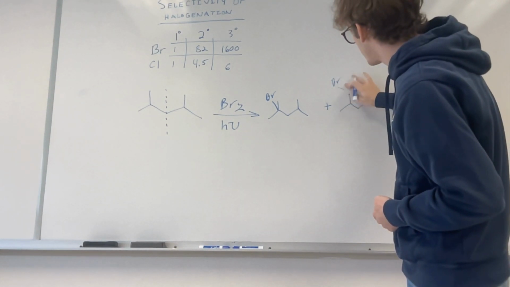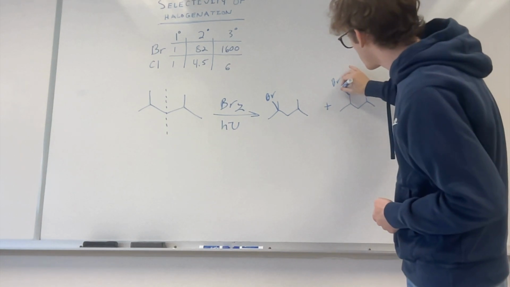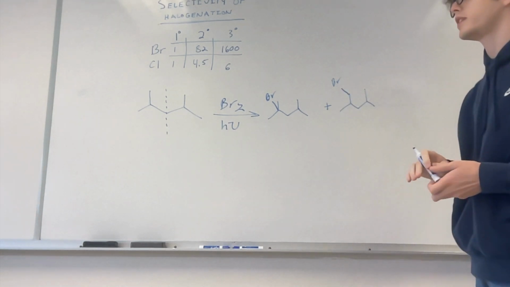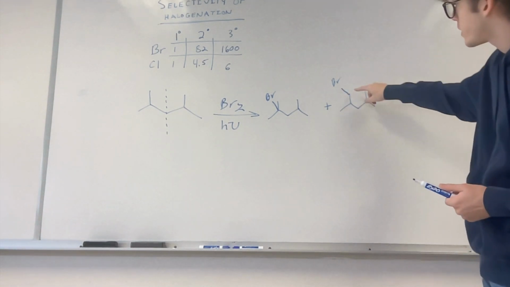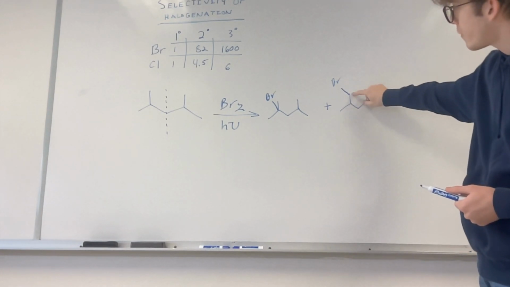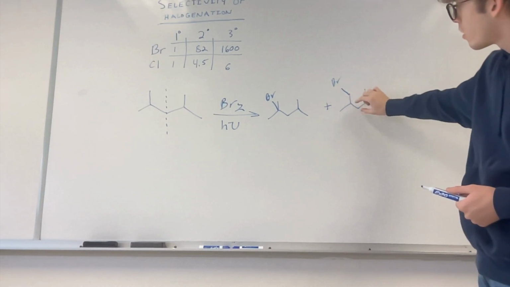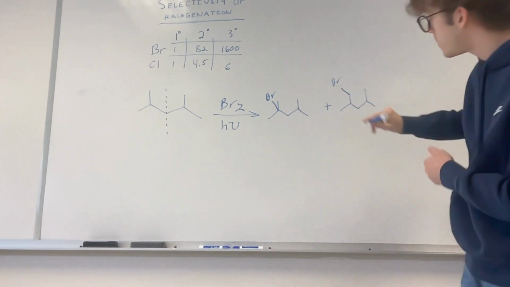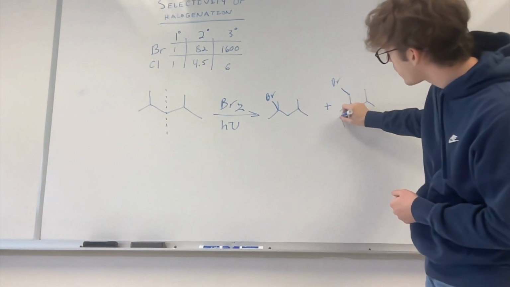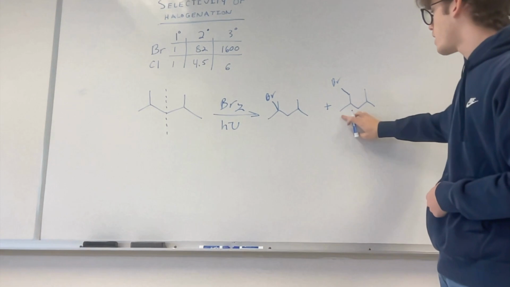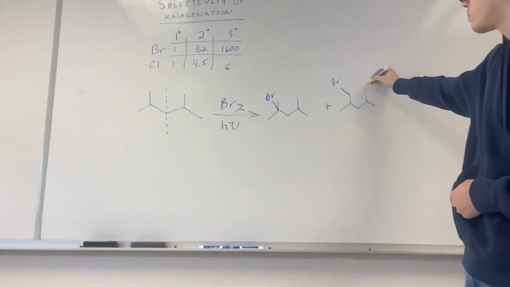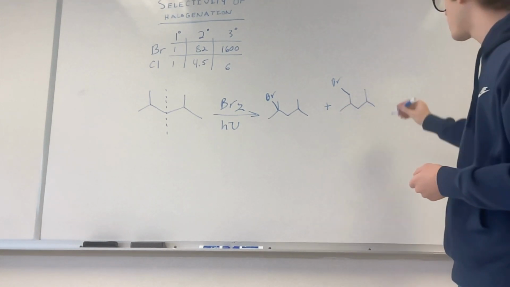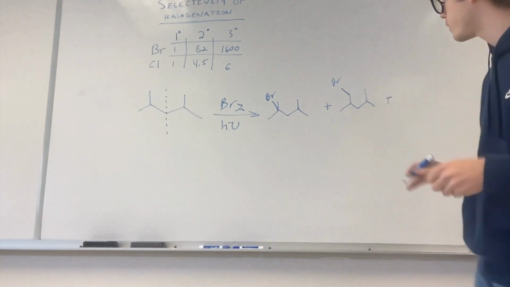And I want you just to realize there's only one primary product in this reaction, because this bond is free to rotate, and if I just took this bromine and I took this bond and I rotated it, it would be the exact same as putting it on this carbon here. And remember, that plane of symmetry means I could put it there or there. So just thought I wanted to point that out to clear up any confusion.